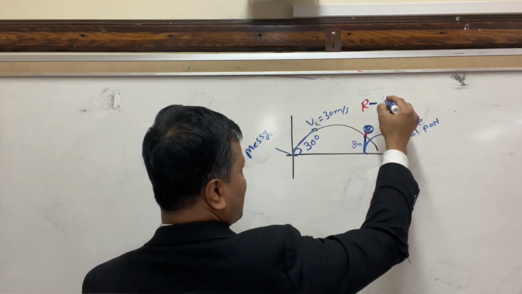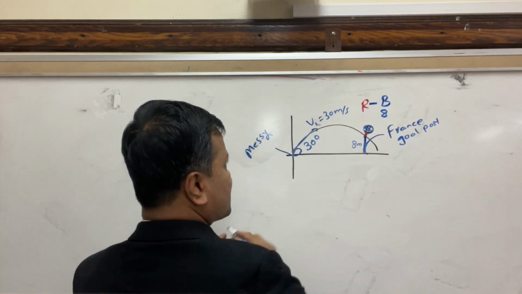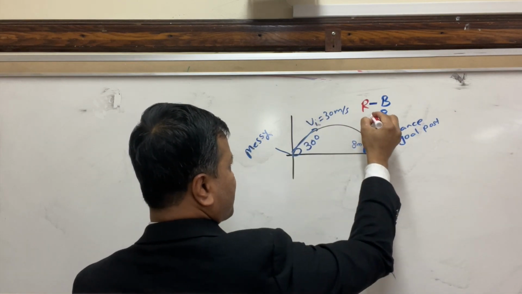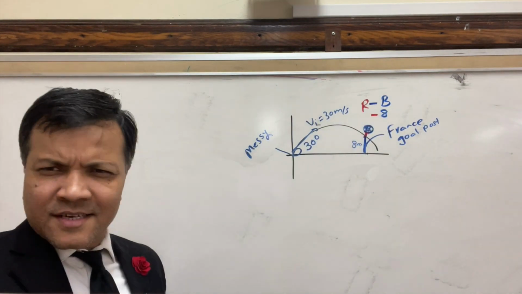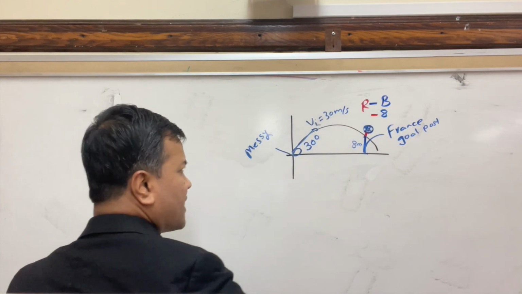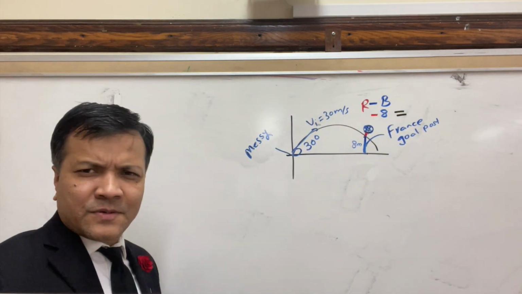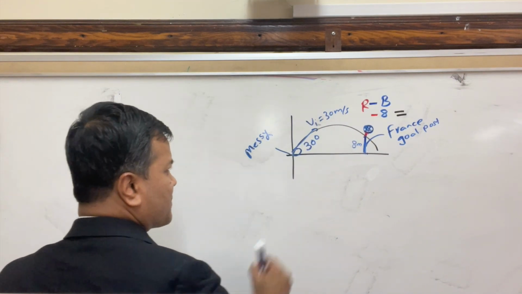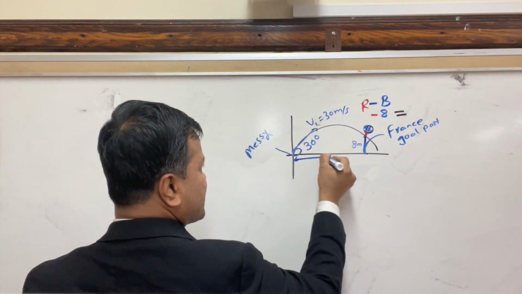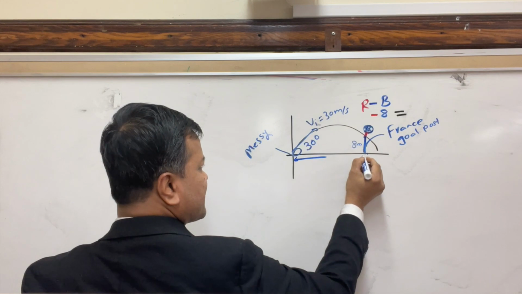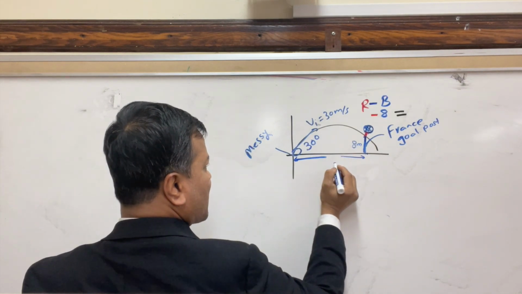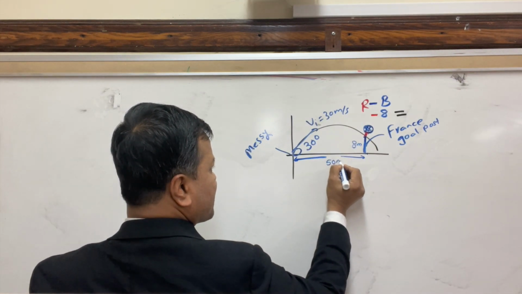You already know blue. Blue is 8. You don't know red. So our job is to find the red, and then we know the answer. Okay, good. We also have one more piece of information, and that is from Messi's foot to the France goal post is 50 meters long.